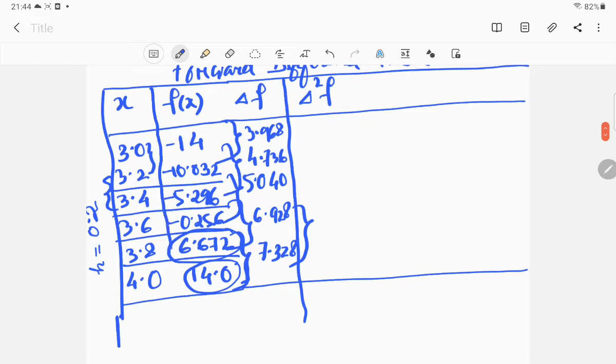Now again we need to subtract 6.928 from 7.328.